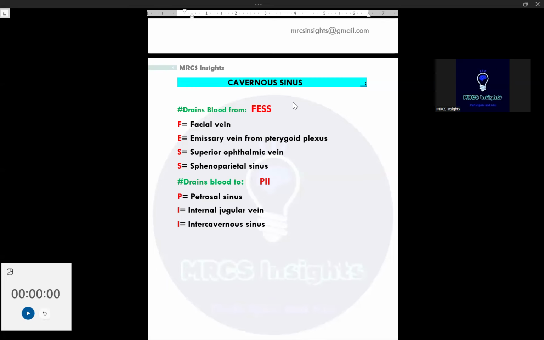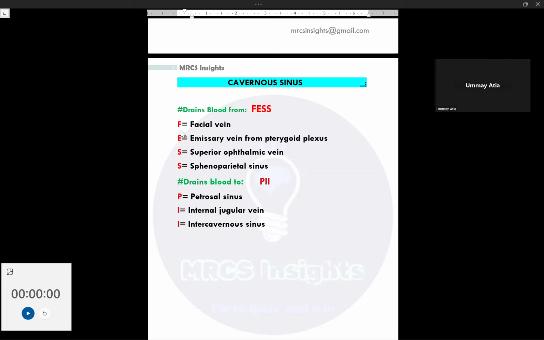Okay, so here are some contents about the cavernous sinus. What structures drain blood into the cavernous sinus, or the cavernous sinus drains blood from which structures? Both are the same question. You can remember it by the mnemonic FACE.